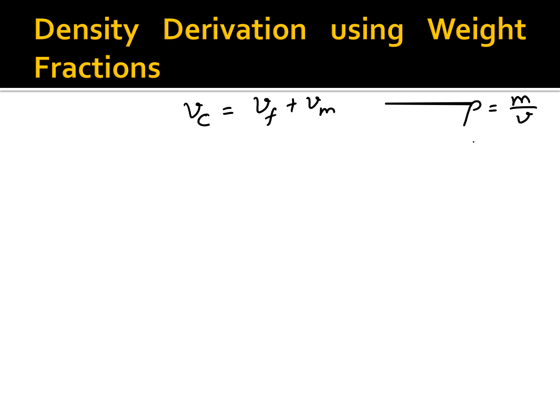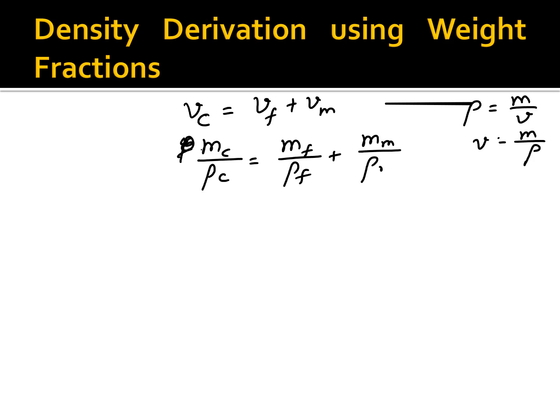So in this case, volume is mass over density. So that's what we're going to use here: the mass of the composite divided by the density of the composite is equal to the mass of the fiber divided by the density of the fiber, plus the mass of the matrix divided by the density of the matrix. That's all coming from here.